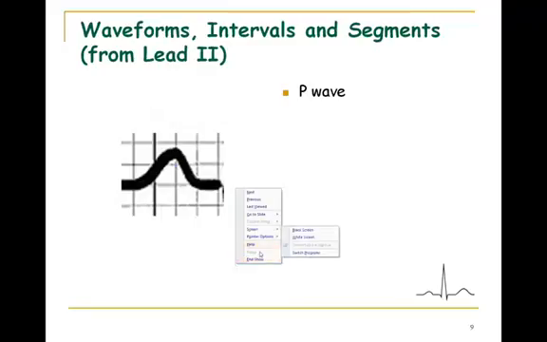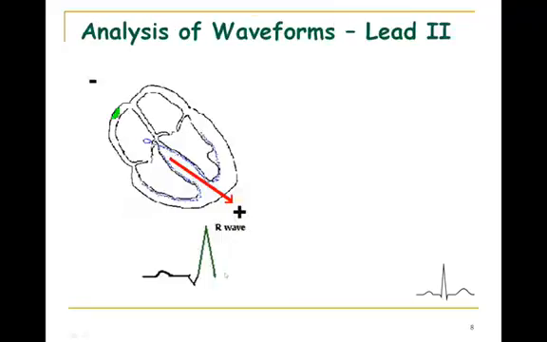Also, let me go back, which you won't see here, we can just draw it in, is the S wave. The S wave represents depolarization of the muscle fibers up at the base of the heart. If I had drawn the vector, it would be running more towards the negative recording electrode.